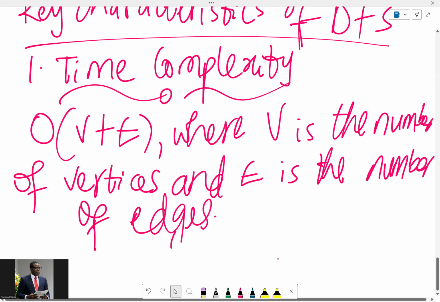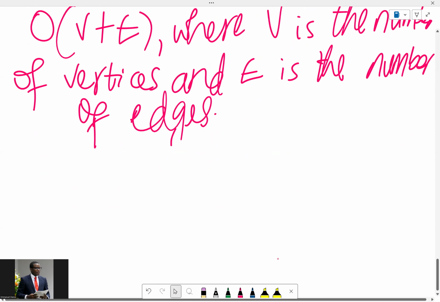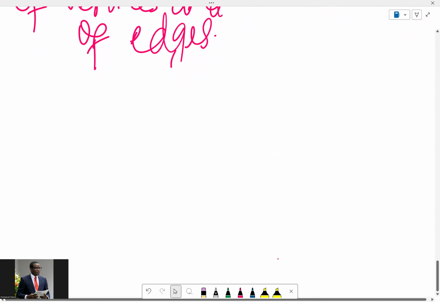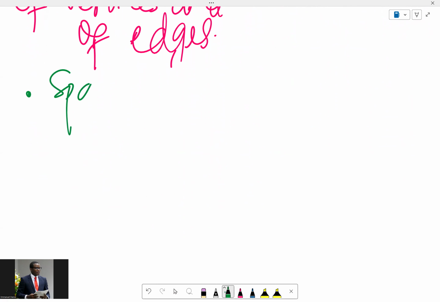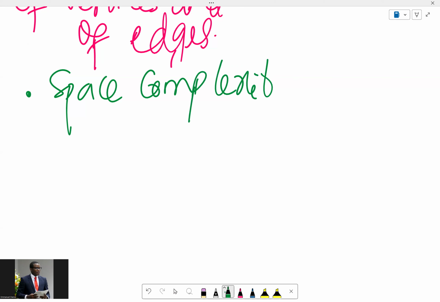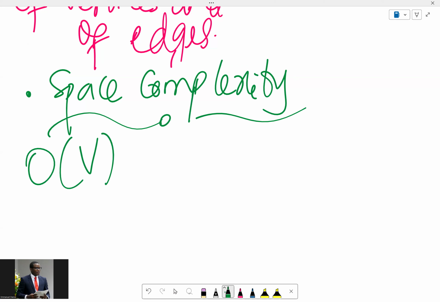Then apart from the time complexity, we also have the space complexity. That's the second characteristic here. Still using the big O, the space complexity is also O of V. That is big O of the number of vertices.